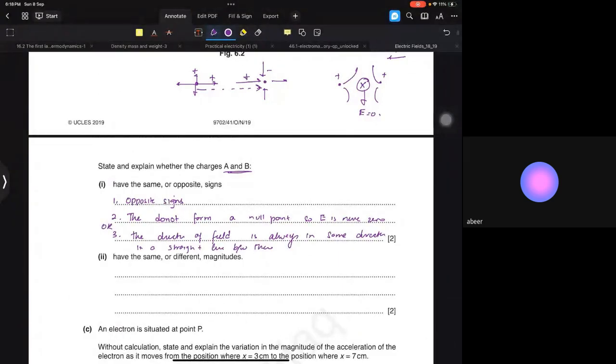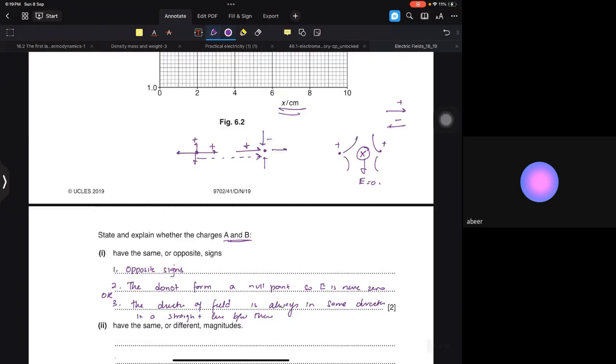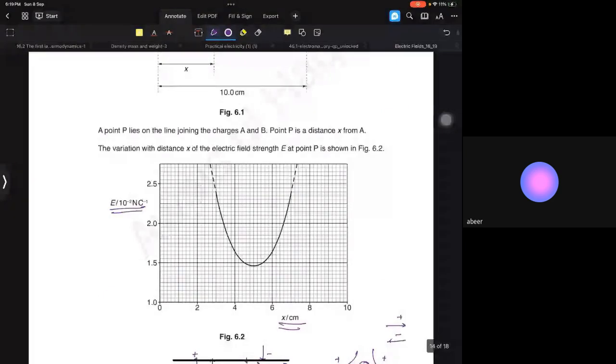Now, keeping that in mind, let's go to the next and say have the same or different magnitudes. Now, as you can see, it's a pretty symmetrical graph. So that means that they must have the same magnitude as well.